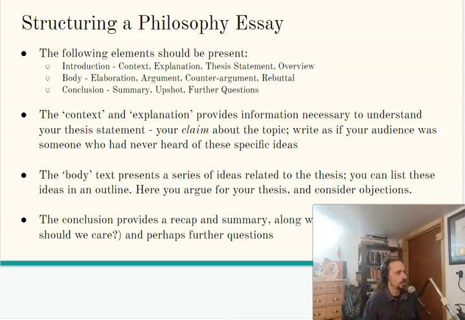The conclusion can be shorter than either the introduction or the body. Here you simply provide a recap and a summary, and maybe provide the reader with a sense of upshot. Why care about this? Why was it important? And often the closing is the last thing the reader will have in their mind.